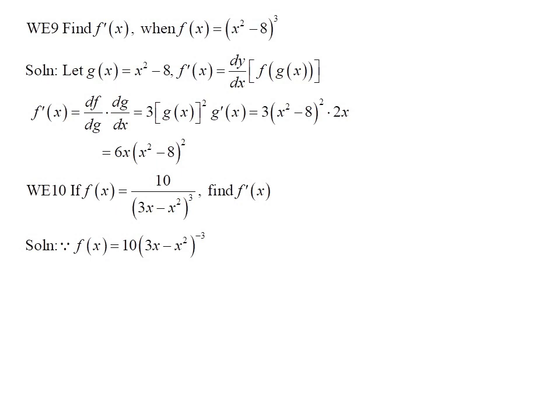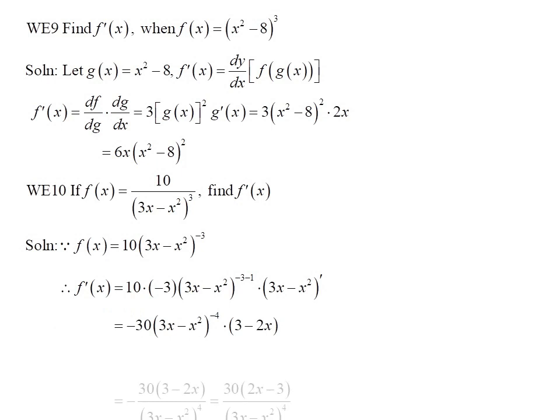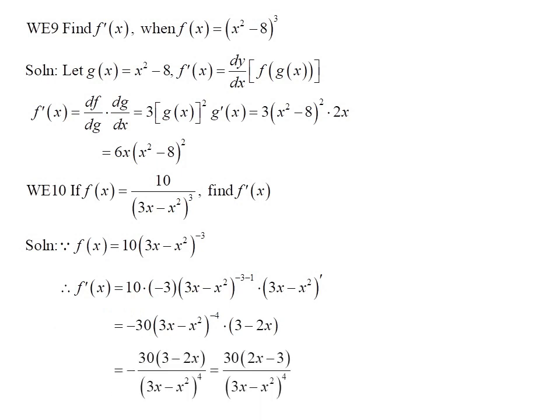Since f of x can be written as 10 times (3x minus x^2) to the negative 3, f'(x) equals 10 times negative 3 times (3x minus x^2) to the negative 4, times the derivative of (3x minus x^2). It finally equals 20 times (2x minus 3) over (3x minus x^2) to the fourth, after being simplified.